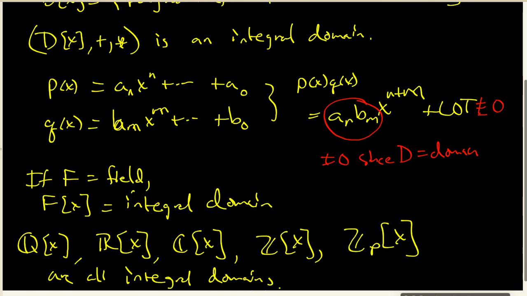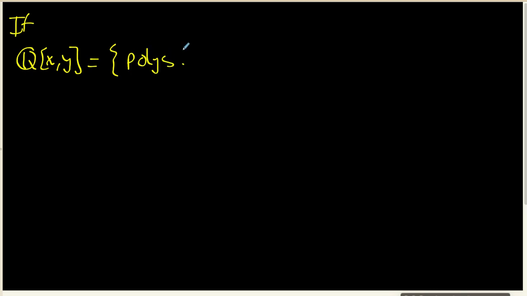But it's also important to note that this idea that the leading coefficients are never going to kill each other off allows us to say that this idea generalizes. So if we look at something like Q[x, y], this would be all polynomials in the two variables x and y with rational coefficients.